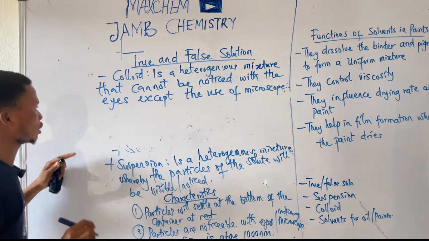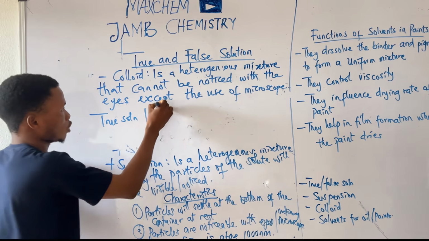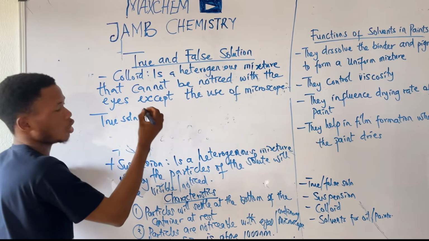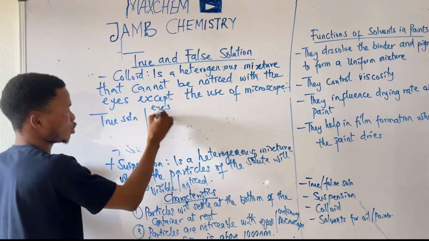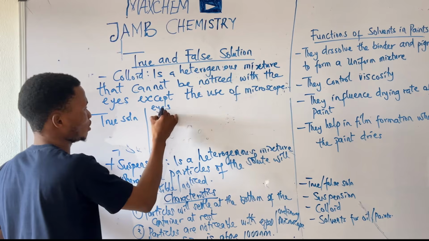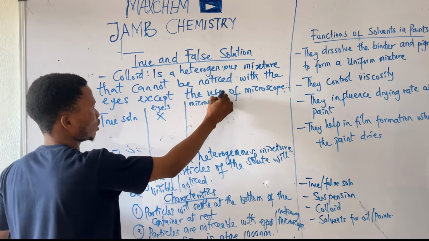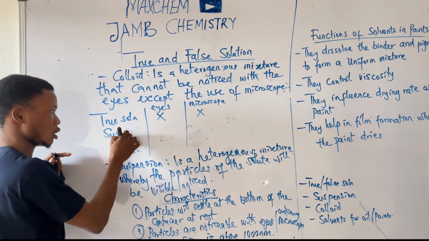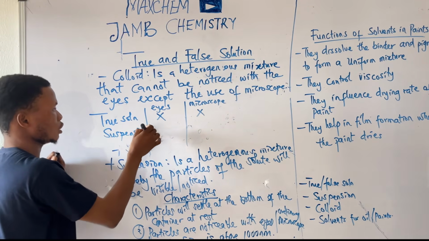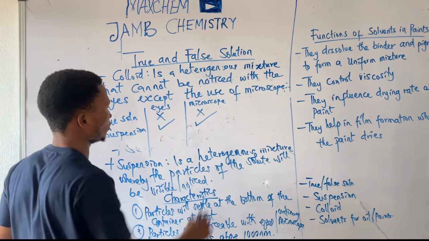So what we are discussing is this: a true solution, if you view it with our eyes, you can't see the particle, and if you use microscope, the particle cannot be seen. A suspension, with our bare eyes the particle can be seen, and with microscope the particle can be seen.